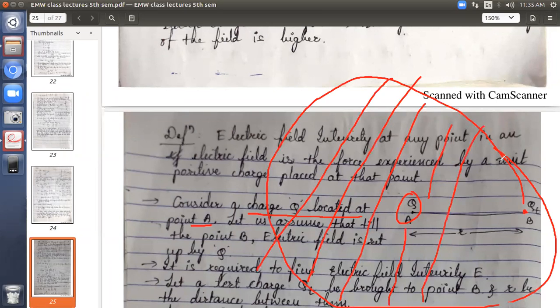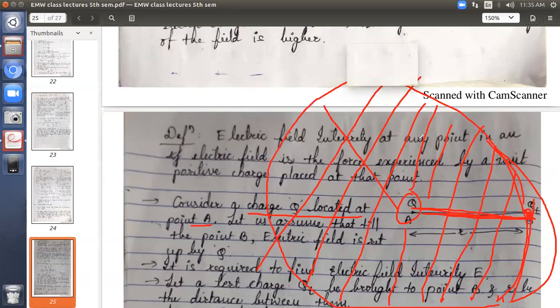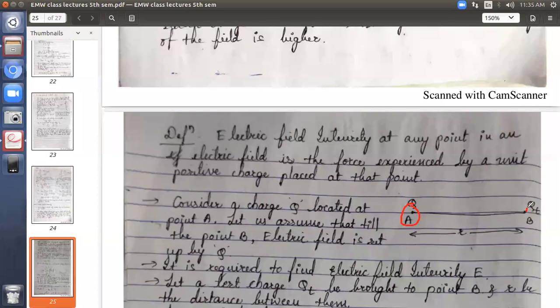Let us assume that a certain circle is set up. That circle indicates the field till this point. You can even consider this line, whatever. I am taking one horizontal line. Till point B, the field is experienced. I'm just showing you this circle indicating the presence of field. It is required to find the electric field intensity.